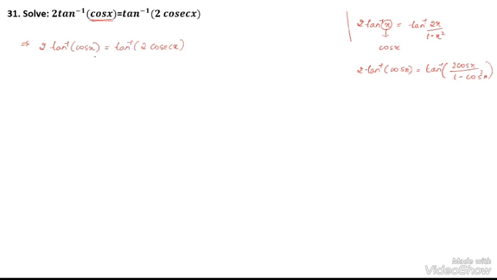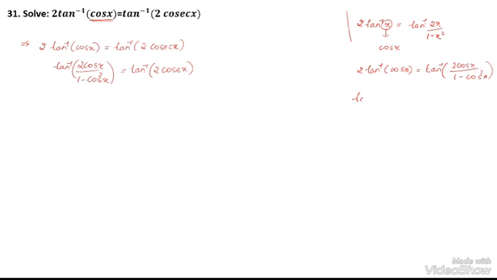Here, by the property, 2 tan inverse of cos x can be written as tan inverse of 2 cos x divided by 1 minus cos square x, is equal to tan inverse of 2 cosec x. Here also tan inverse, here also tan inverse.